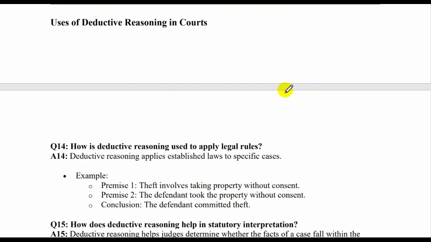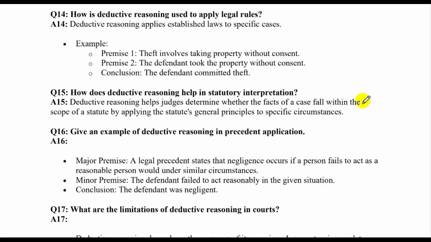Use of deductive reasoning in courts. How is deductive reasoning used to apply legal principles or legal rules? Deductive reasoning applies established laws to specific cases. Very important: established laws to specific cases. Example 1. Major premise: theft involves taking property without consent. Minor premise: the defendant took the property without consent.